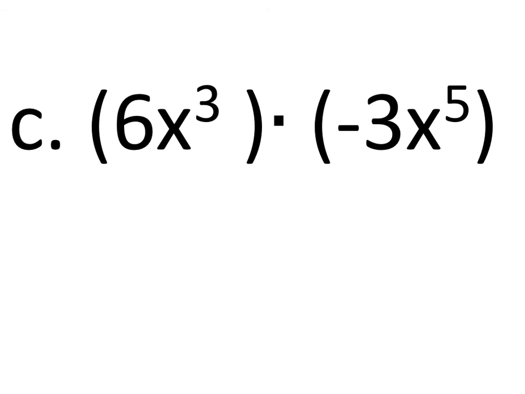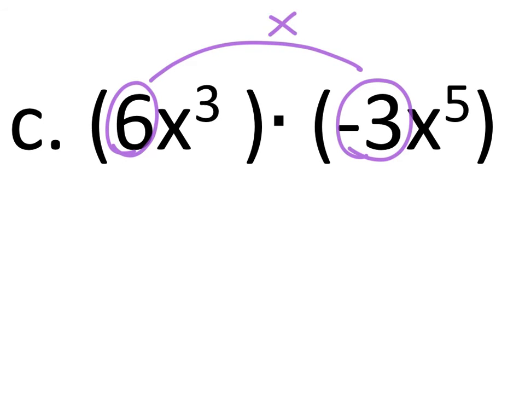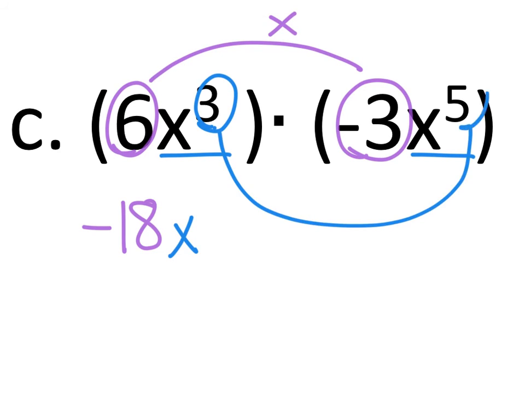C. I'm going to multiply my coefficients. 6 times 3 is -18. My bases. Add my exponents. 3 plus 5 is 8.